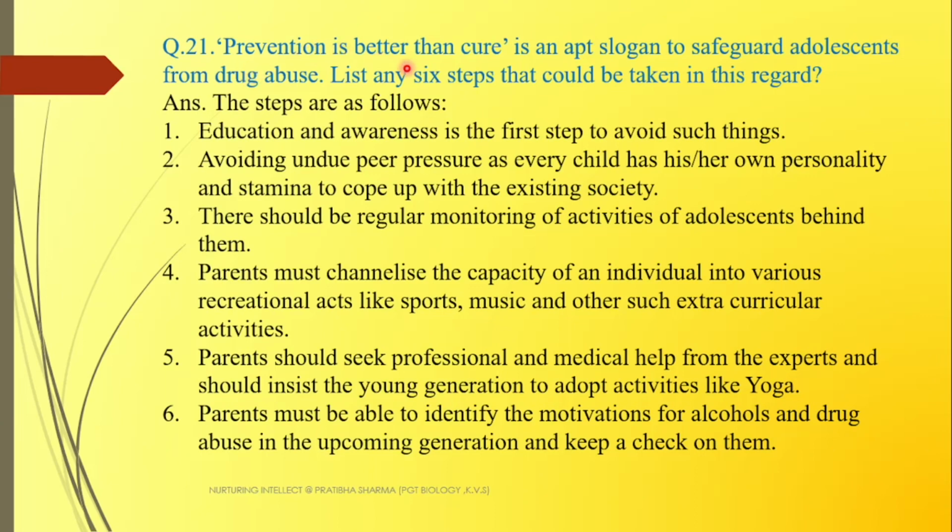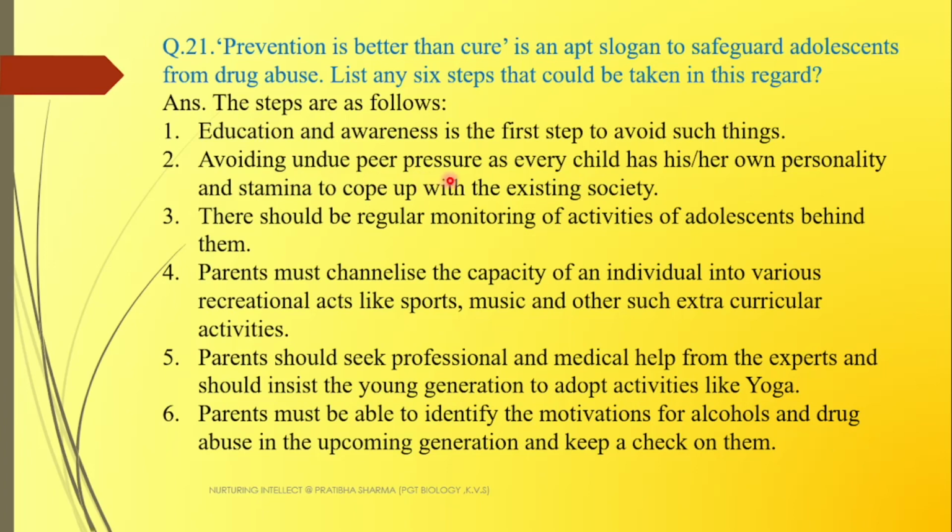Next, prevention is better than cure is an apt slogan to safeguard adolescent from drug abuse. List any 6 steps that could be taken in this regard. Okay, so what steps we can take so that the adolescent we can avoid consuming drugs? So education and awareness is the first step.